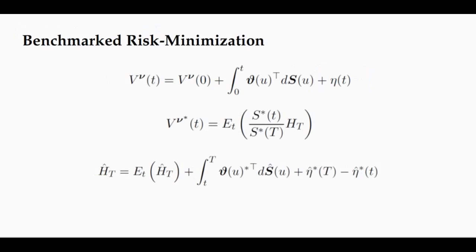So the benchmark risk minimization is such that a hedging strategy for a contingent claim HT is given by the sum of the initial portfolio value plus the gain from the trade, plus some error term.